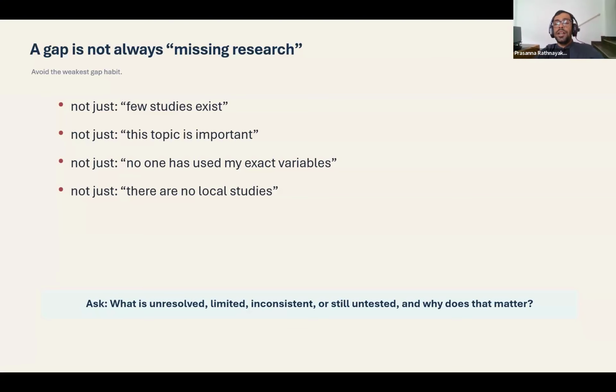But geography by itself is not always enough. Today, whenever you write a gap, ask what is unresolved, what is limited, what is inconsistent, or what is still untested, and why does that matter?